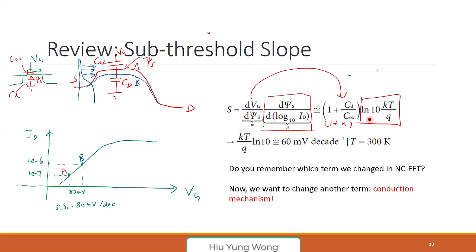For negative capacitance FET, NC FET. The capacitance? How did we change it? Made it negative. We make negative capacitance, right? So that 1 plus n is smaller than 1. We change this term.